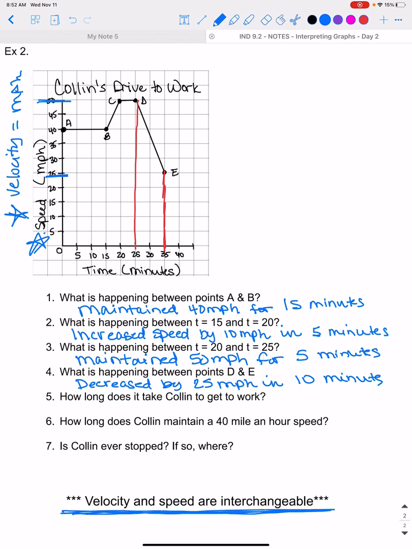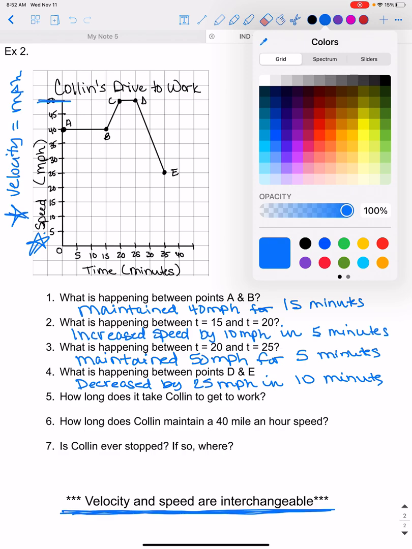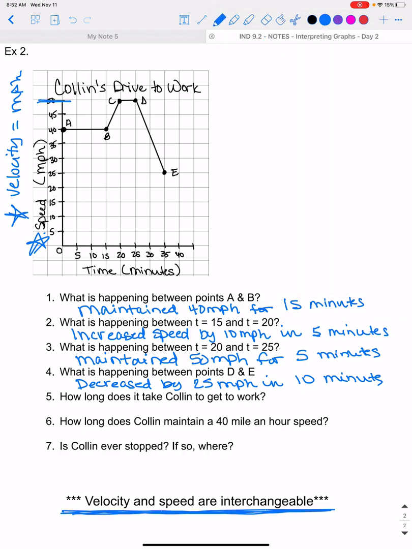All right, how long does it take Colin to get to work? And this is where the graph is not really realistic because the last thing we know about the graph was that Colin was going 25 miles an hour. That's our last known bit of information right here.